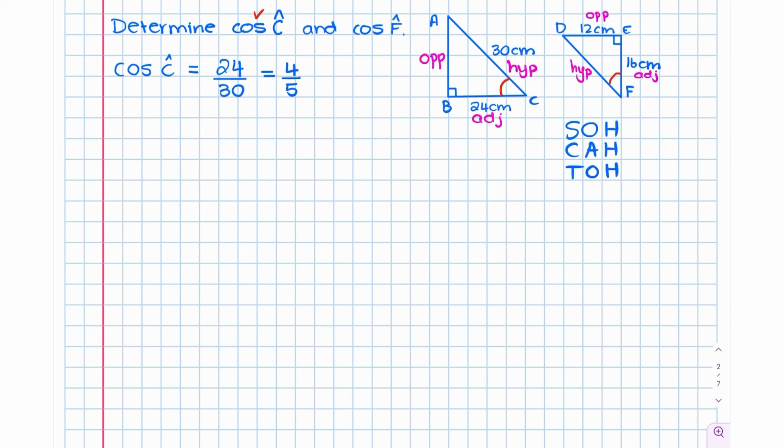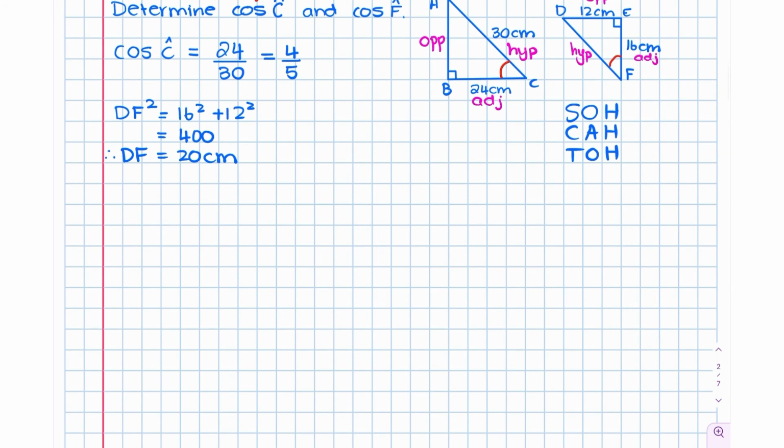So we can say that DF squared is equal to 16 squared plus 12 squared, and that gives us 400. Therefore, DF is equal to 20 centimeters. And now we have the hypotenuse, which we can use to calculate cos F.